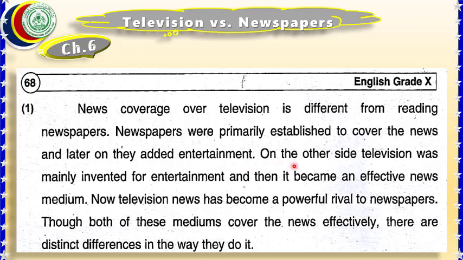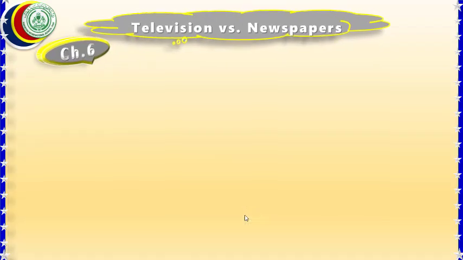On the other side, television was mainly invented for entertainment, and then it became an effective news medium. Now television news has become a powerful rival to newspapers. Though both of these mediums cover the news effectively, they are different from each other.